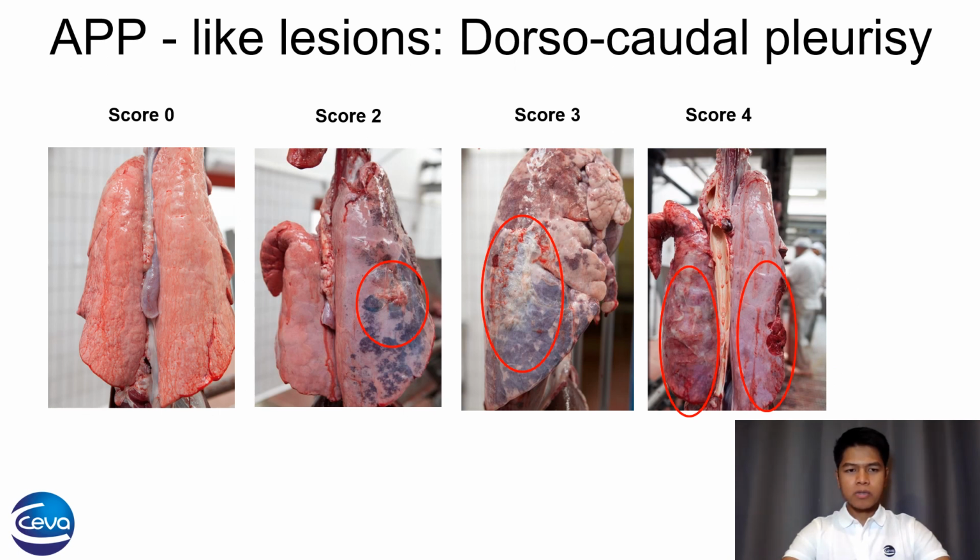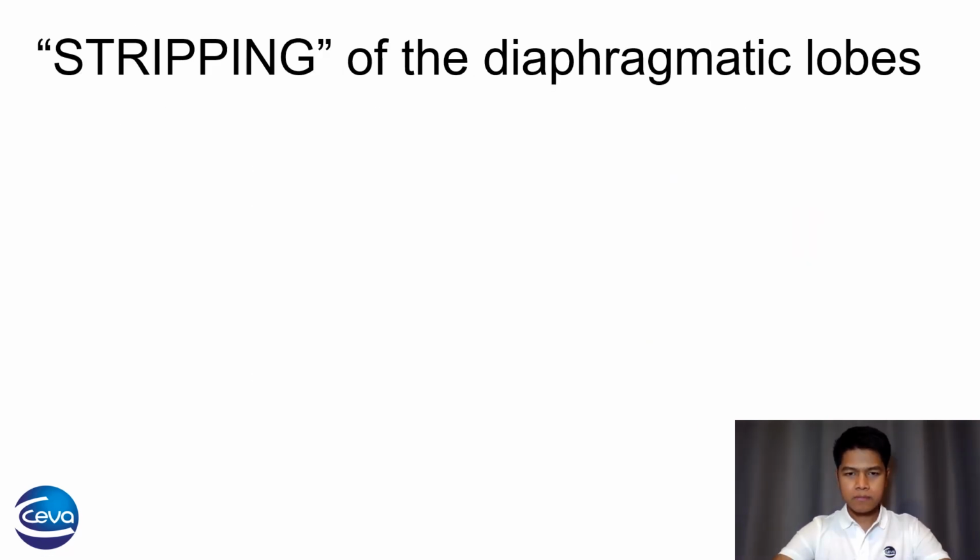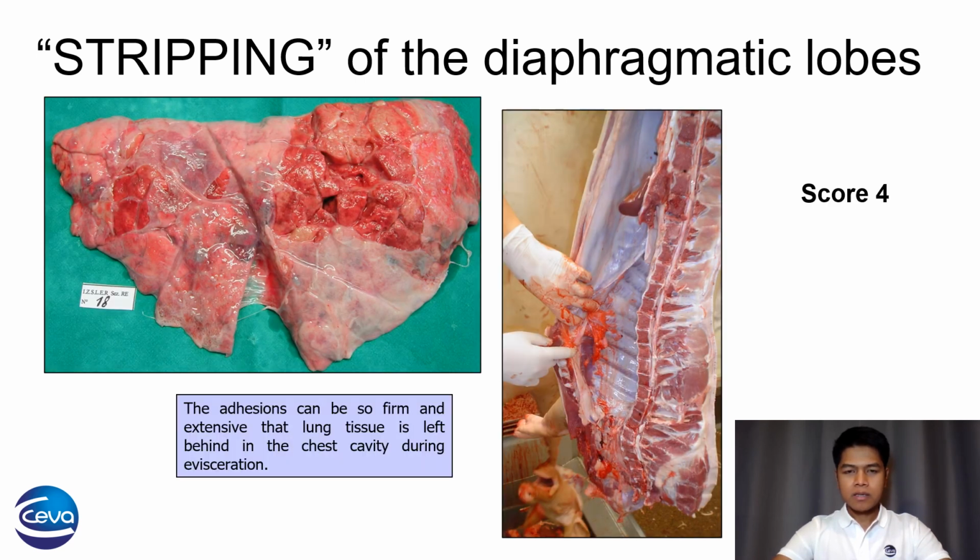These actual photos show the scores for dorsocaudal pleurisy, and these specimens were retrieved during on-field slaughter check. For score 4, another factor to be considered is the stripping of the diaphragmatic lobes. Stripping is the presence of a firm and extensive adhesion of the lung tissue that is left in the chest cavity of the pig.